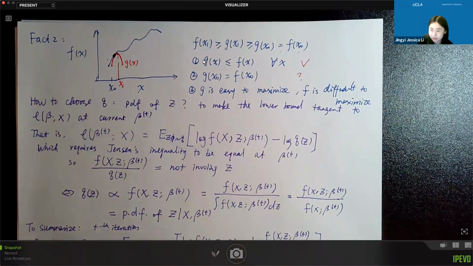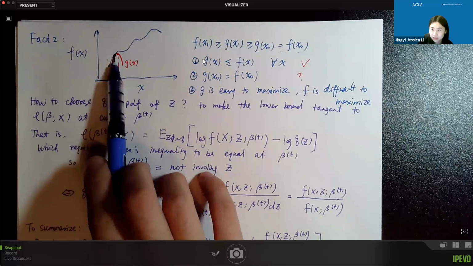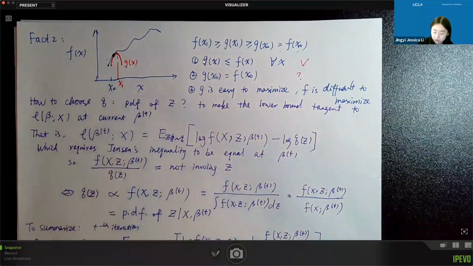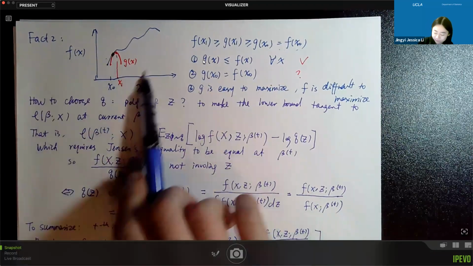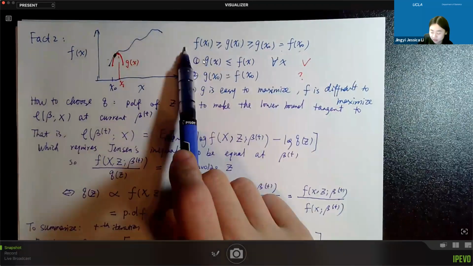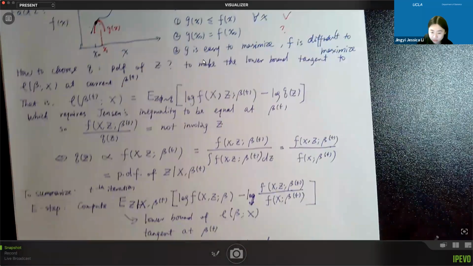And the upper bound is tangent to f at the current value, just as we have here. And then you minimize that upper bound so that at the new value, the negative f value will go down. So everything can be carried over directly by adding the negative sign. So once you add the negative sign, you change the direction of every inequality.